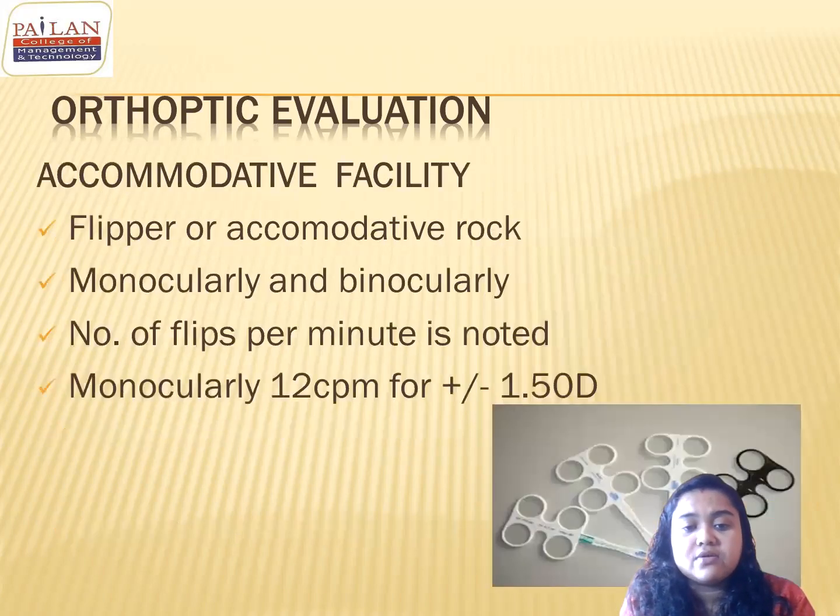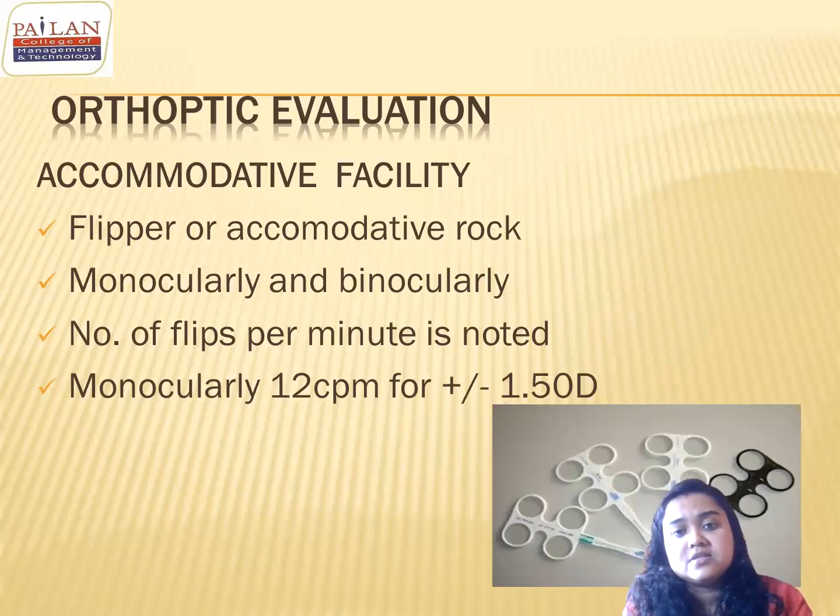This way we will correlate with the normal values, because for plus minus 2 the normal cycles per minute should be lesser compared to a plus minus 1.5 or a plus minus 1, right? Plus minus 1 maybe around 10 to 12 cycles is normal. So we can see whether the patient can clear so many cycles or not. That's what we test in accommodative facility.